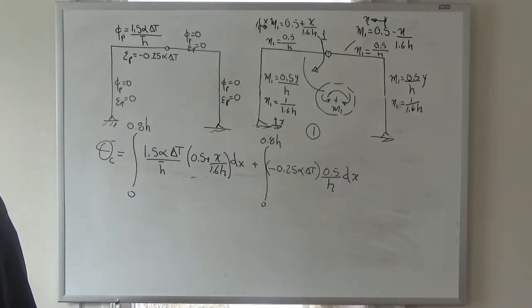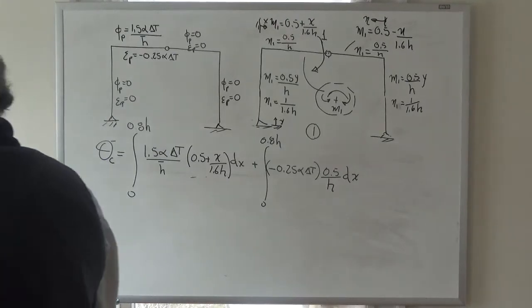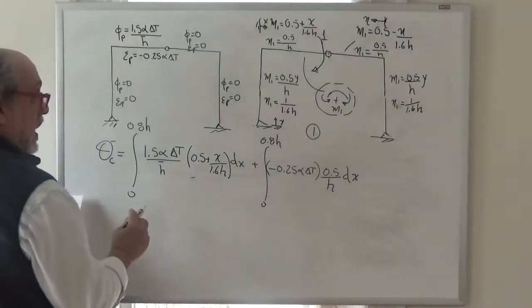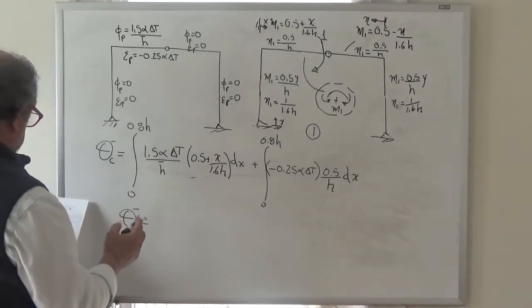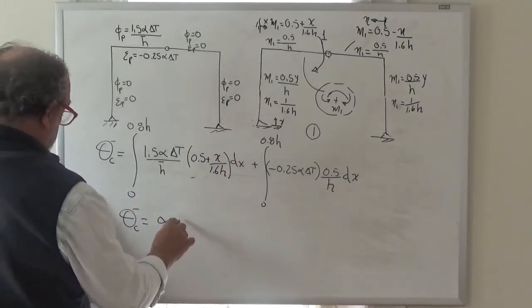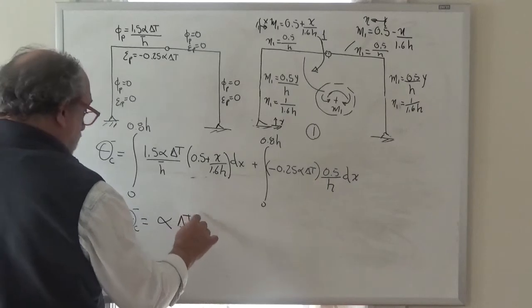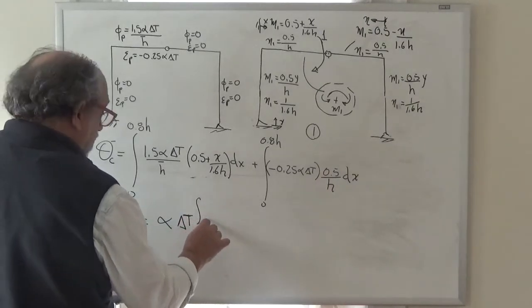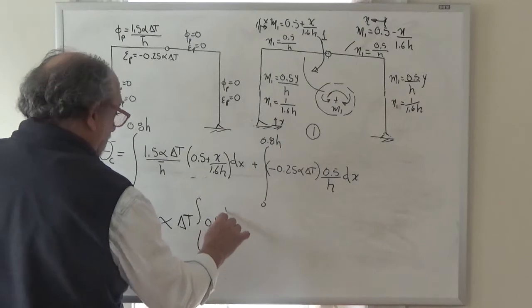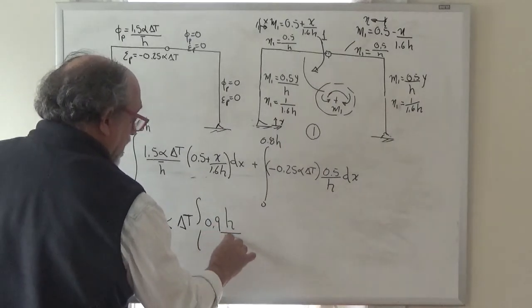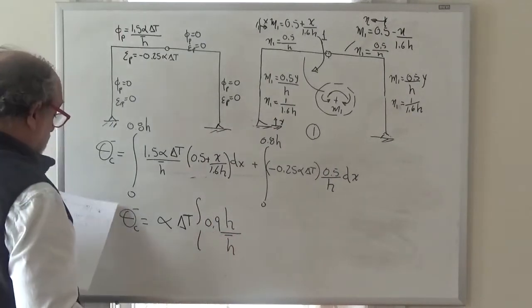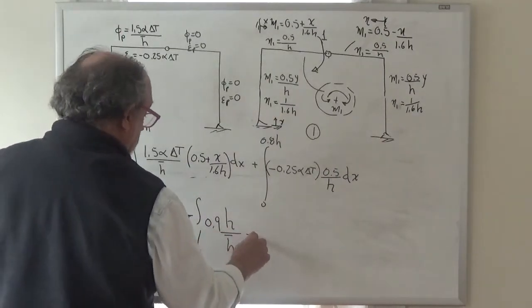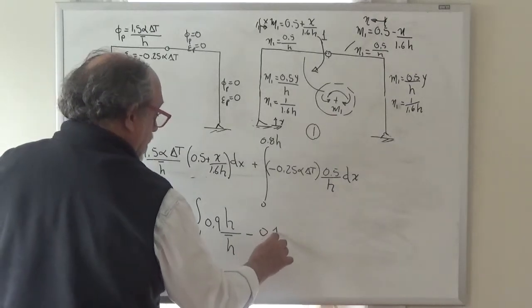In this particular instance, I actually did, and I won't bore you with all the little elementary algebra, but the result is theta z, if I didn't make a mistake, is minus alpha delta T multiplied by 0.9 of H over H bar, where H is the length of the height of the frame and H bar is the dimension of the cross section in the vertical direction, minus 0.1.